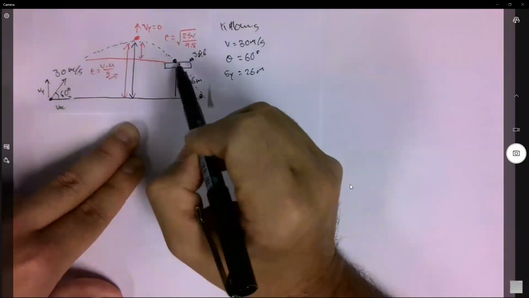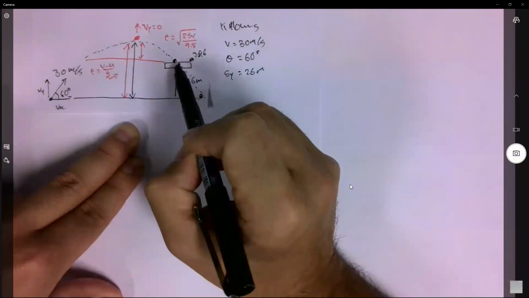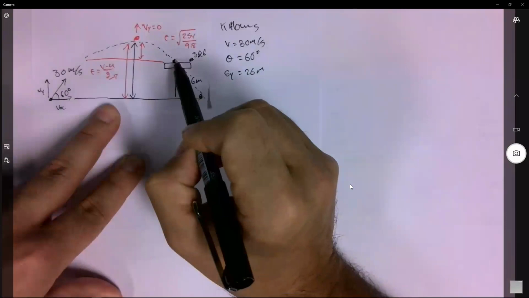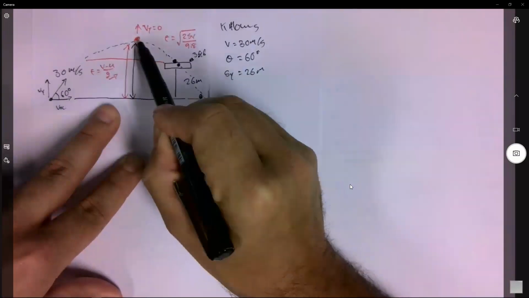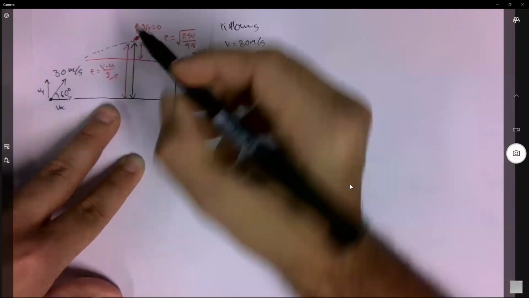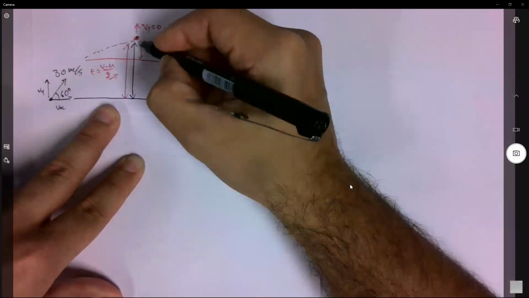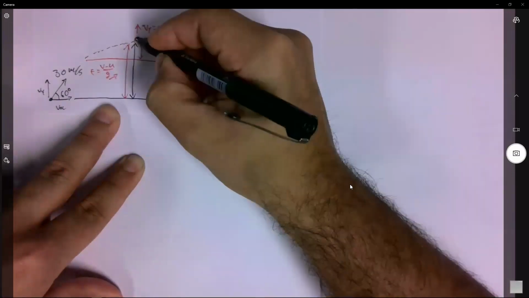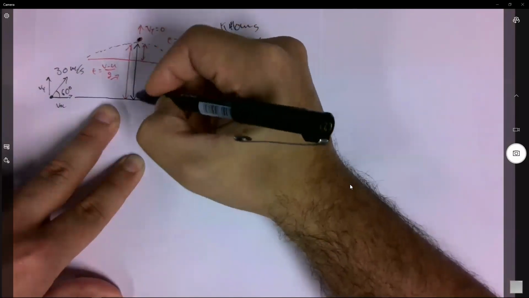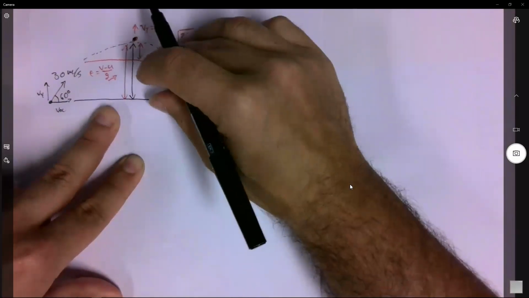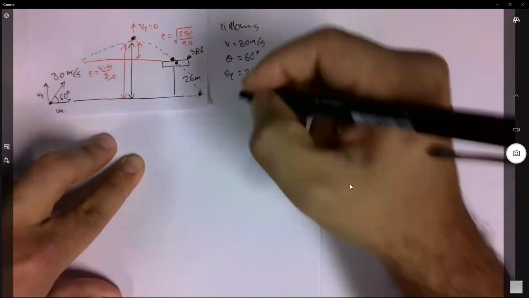So what you're going to do, if you're doing it that way, is calculate the apex height from the platform, and then calculate the drop height from the apex of that projectile launched from the platform to its fall. And that's how you're going to get the time value. It's the same problem, just done backwards.